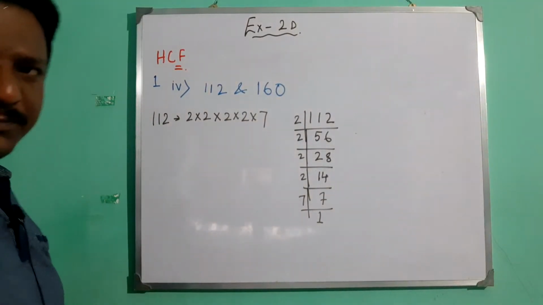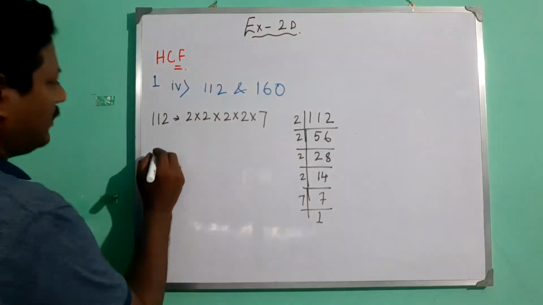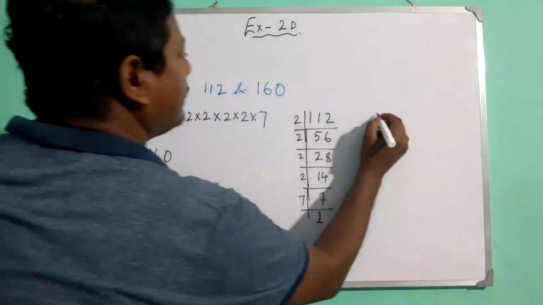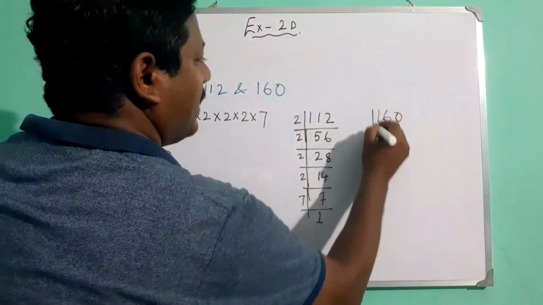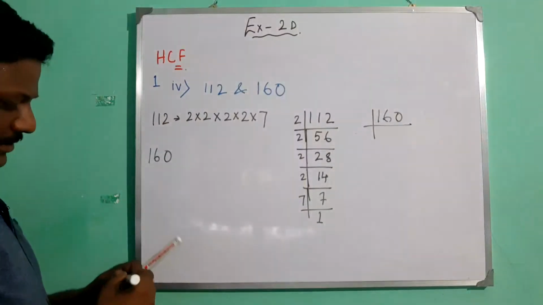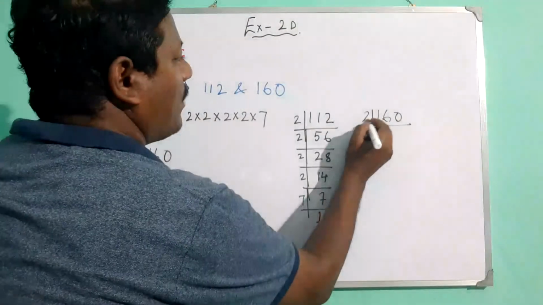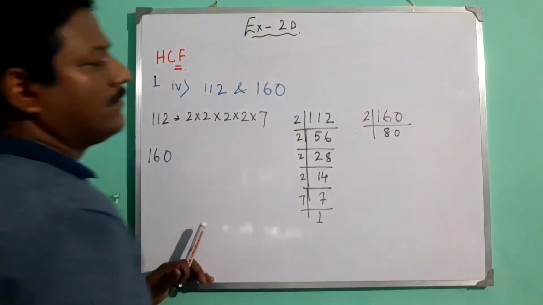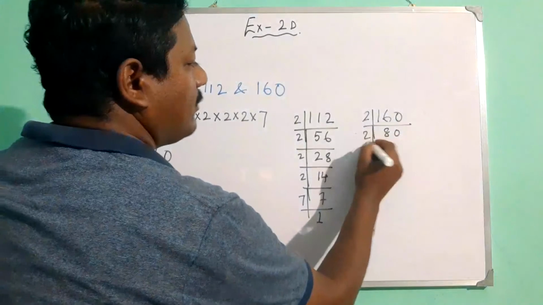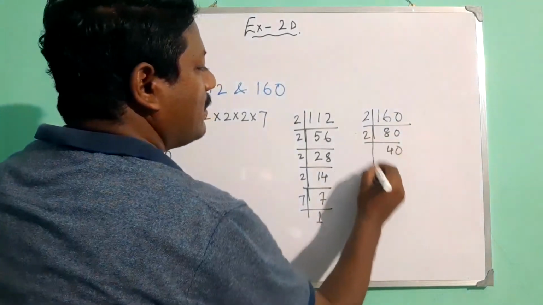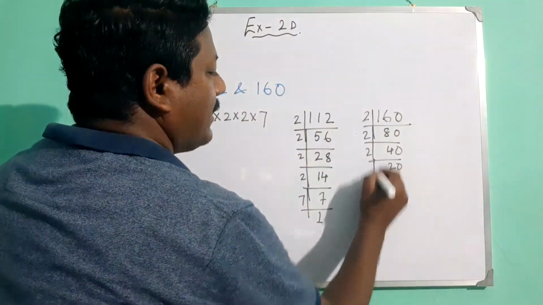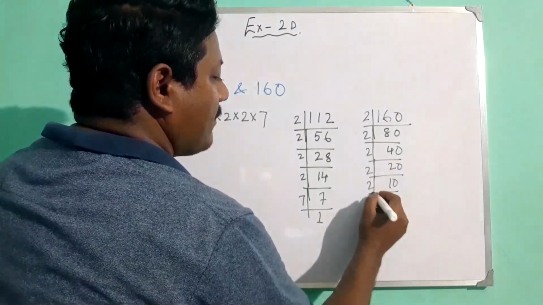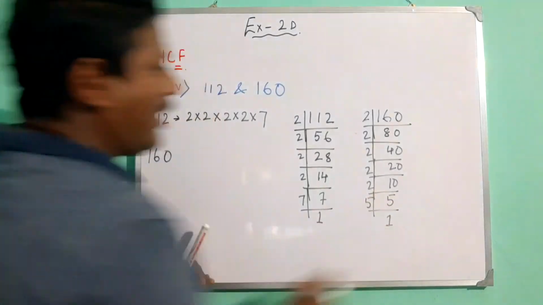All right. Now, what are the factors of 160? Okay, we can find 160's factors with the help of factorization method. It will go by 2, 2 8s, then 2 40, 2 20, 2 10, 2 5 and 5 1.